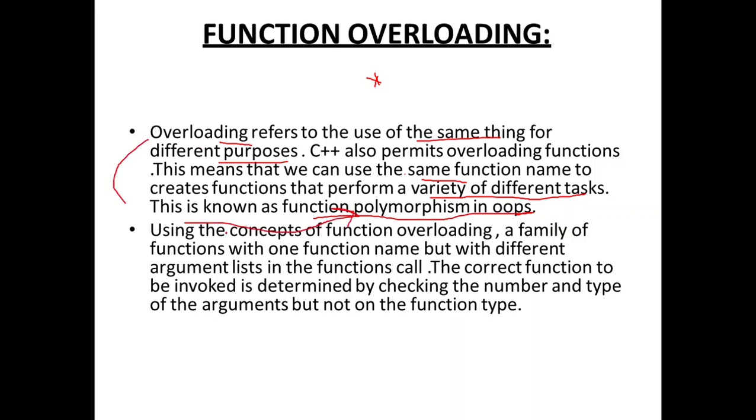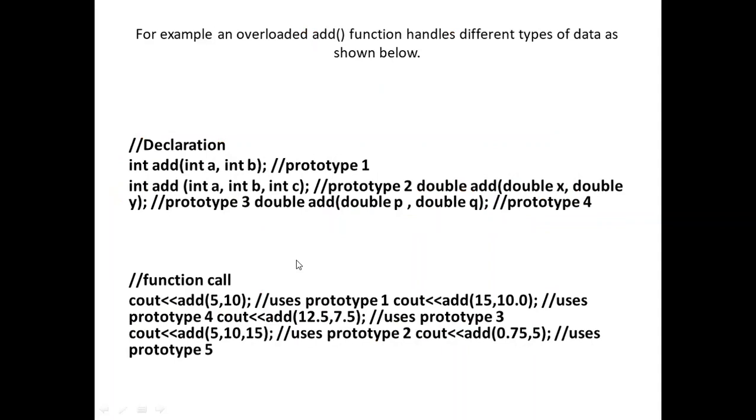Using the concept of function overloading, we can design a family of functions with one function name but different argument lists in the function call. We already know what an argument list and a function name are. There will be a single function name, but the argument list will be different. That is the basic idea of function overloading.